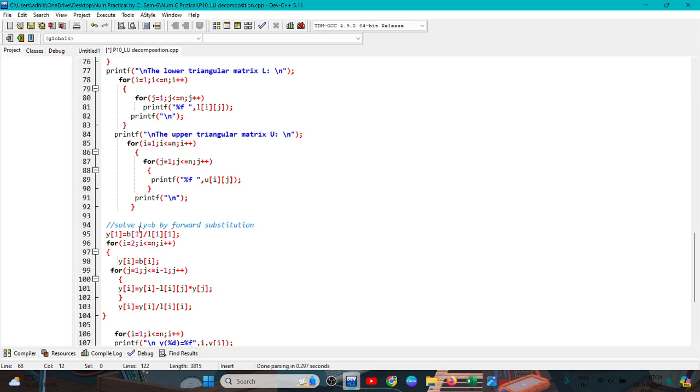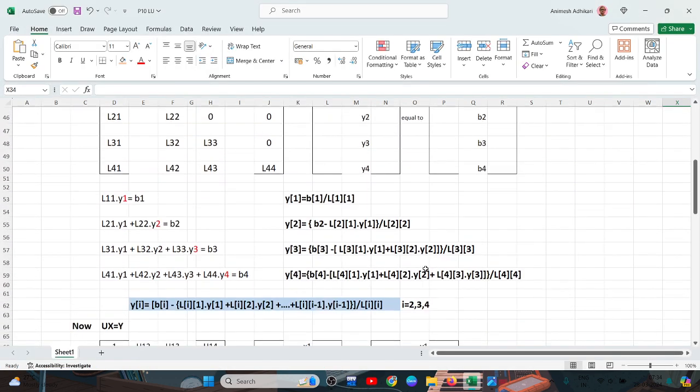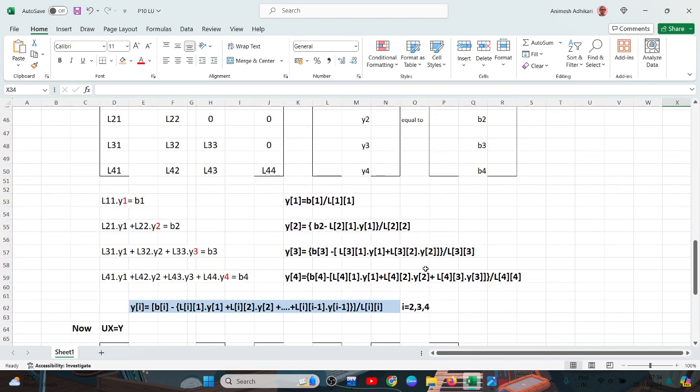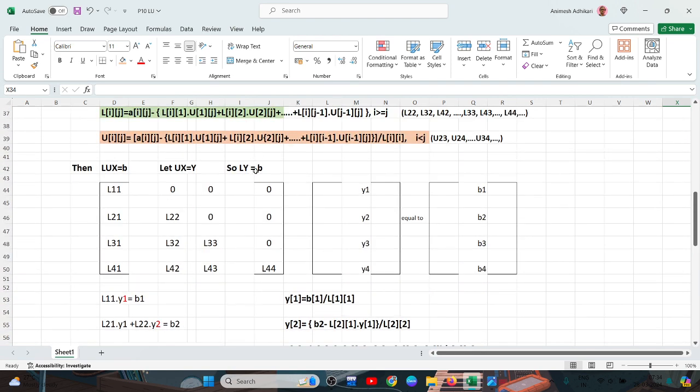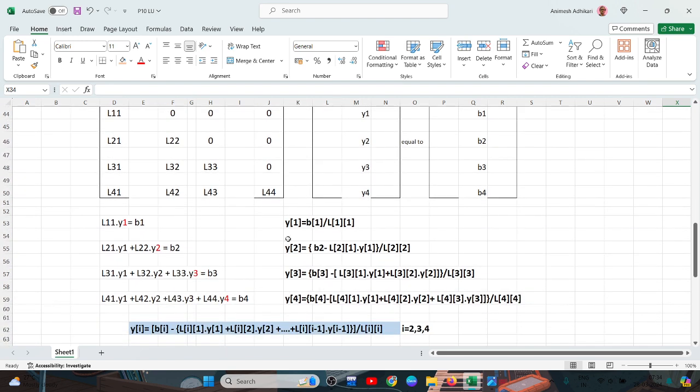Now solve Ly equal to b by forward substitution. From this table, Ly equal to b, so y1 equal to b1 by l11, and y2, y3, y4 can be calculated this way by this compact form, for i equal to 2, 3, 4.